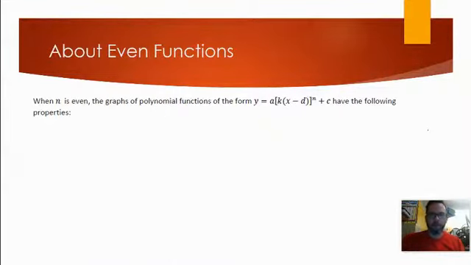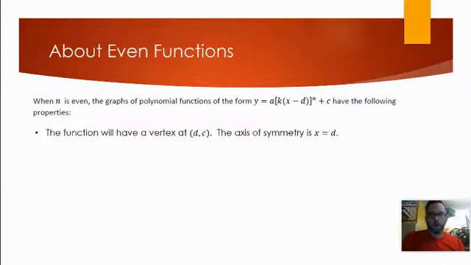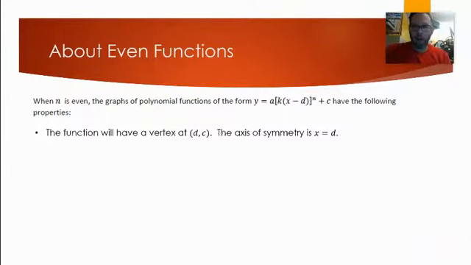All right, let's continue. A little note about even functions. We all know that quadratic functions have a vertex. But quartic functions and even 6th degree, 8th degree functions will have a vertex as well.